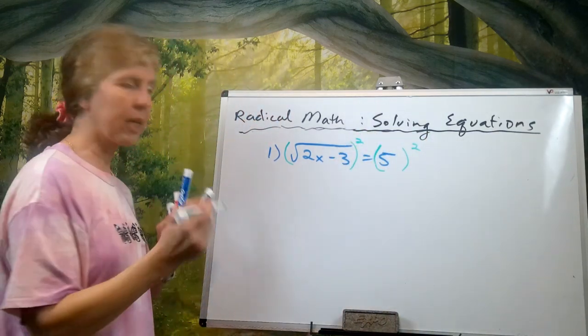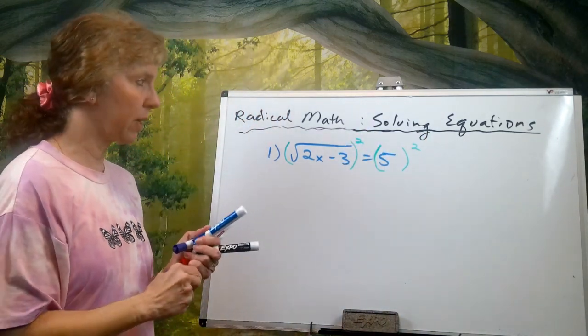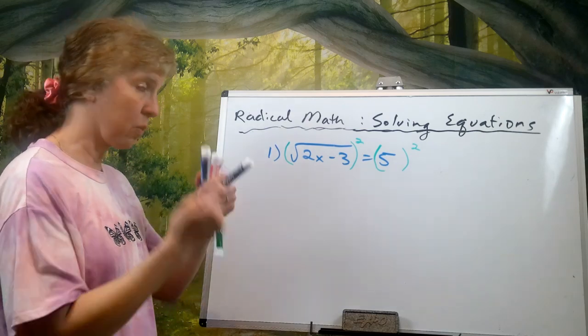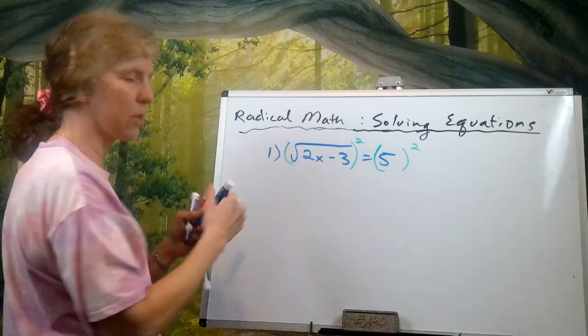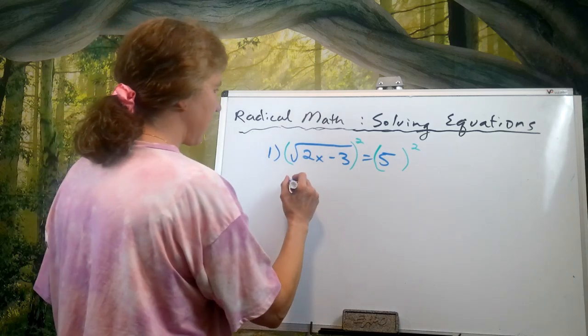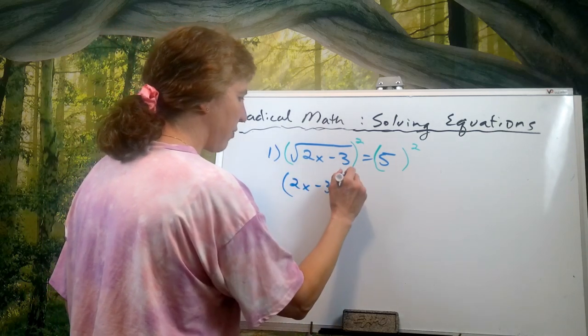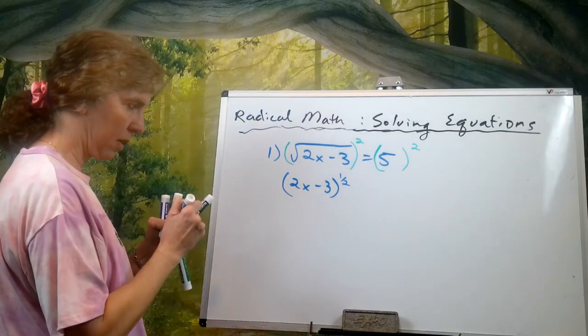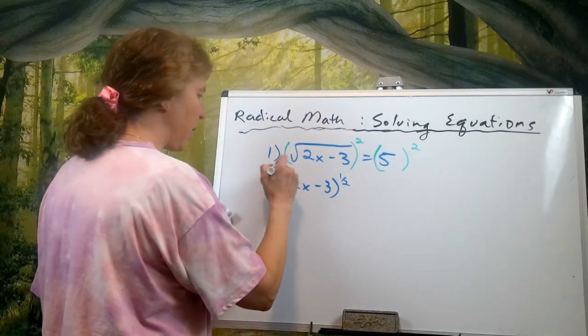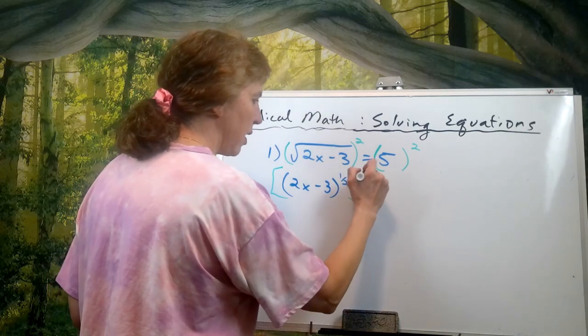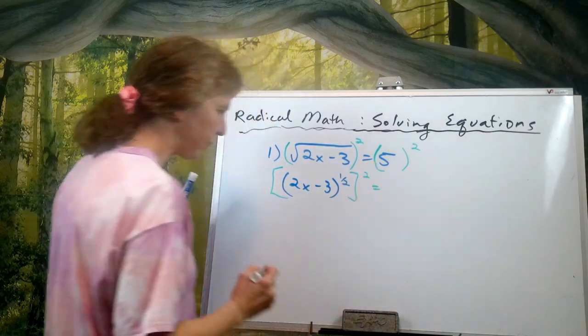Like I said, I wanted to take a minute to explain the math behind why this is a true statement and why this undoes the square root. Remember in the last video, we talked about the fact that radicals are fractional exponents. So I could rewrite the left-hand side to look like that.